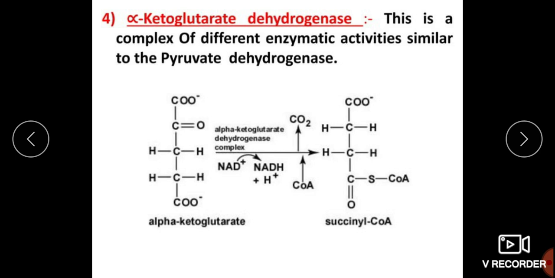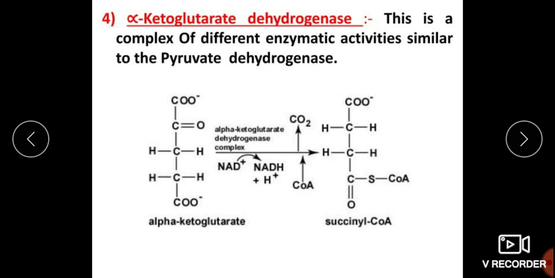Next, alpha ketoglutarate dehydrogenase. This is a complex enzyme having different enzymatic activities, resembling the pyruvate dehydrogenase complex.